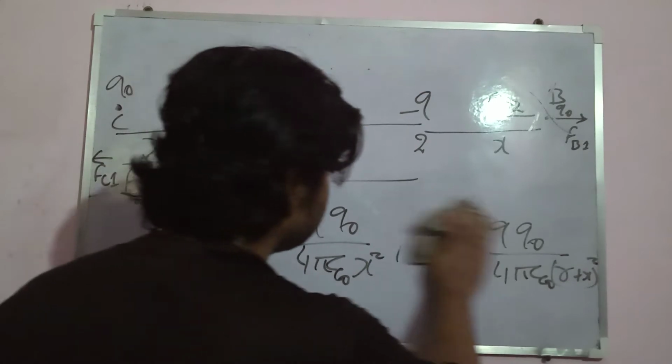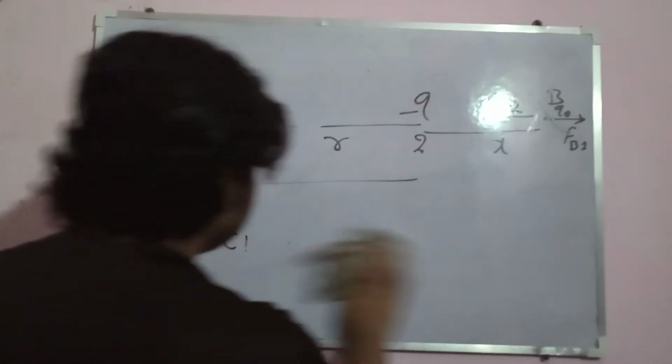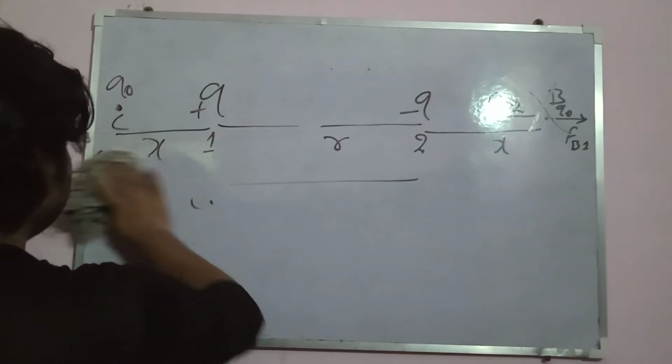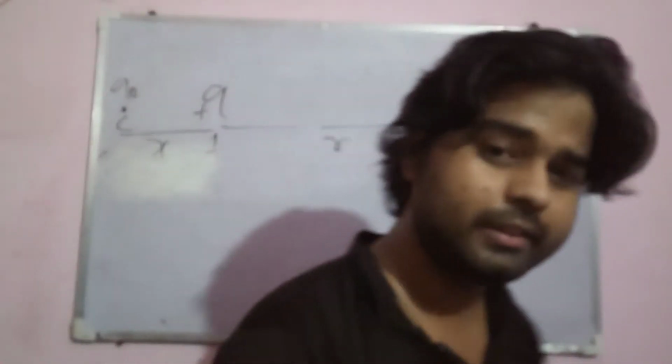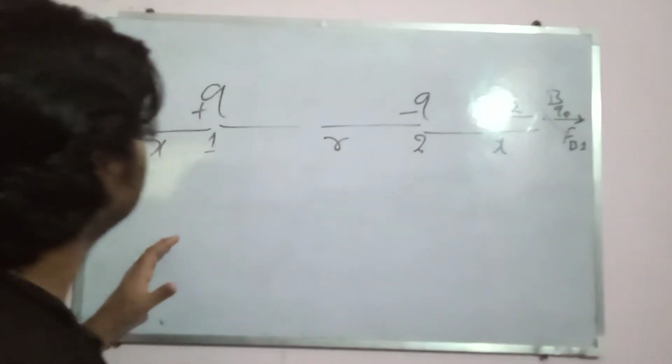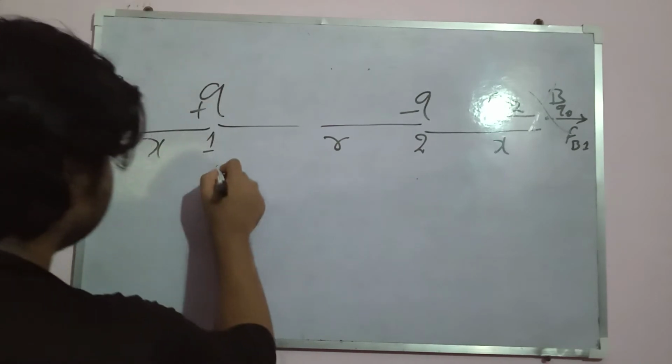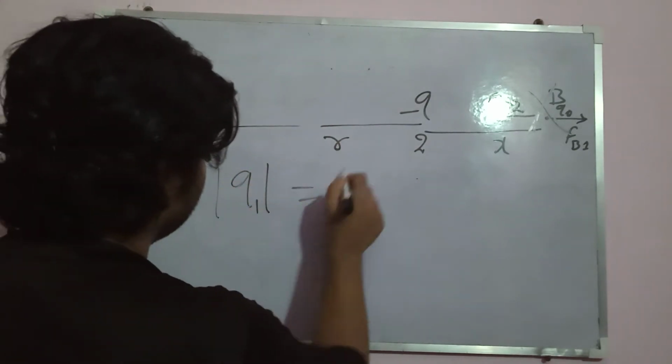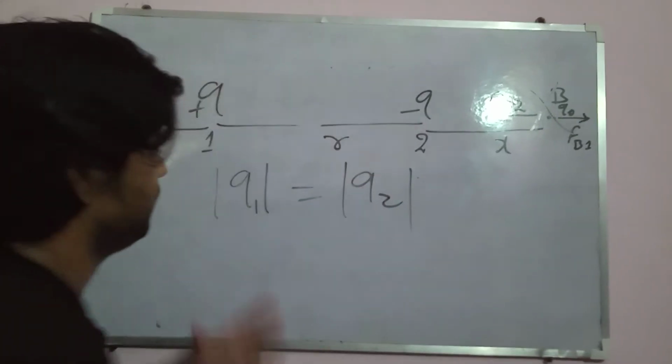So what's our conclusion here? We can convince ourselves that we get an equilibrium point at infinity only when the charges are equal in magnitude.